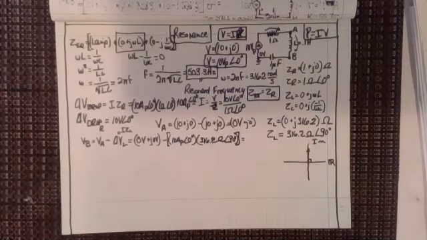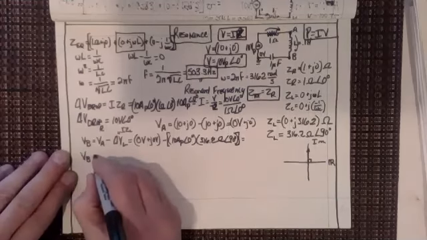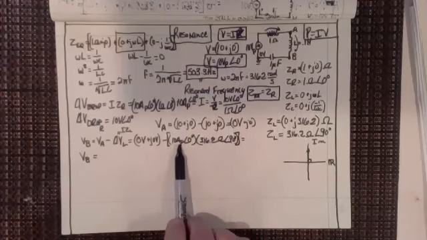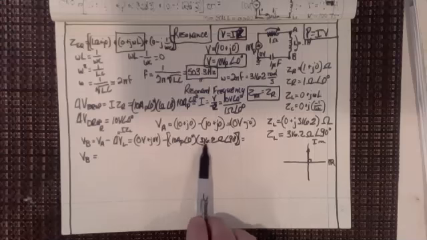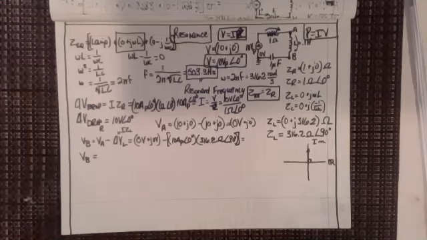Does everyone see where I'm going with this? So V sub B, if we multiply these together, 10 amps times 316.2 ohms gives me 3,162 volts, right?